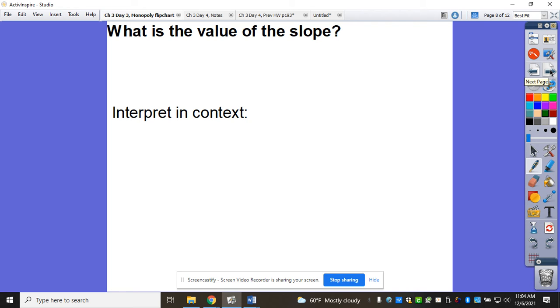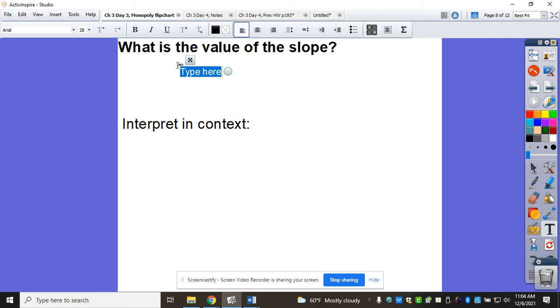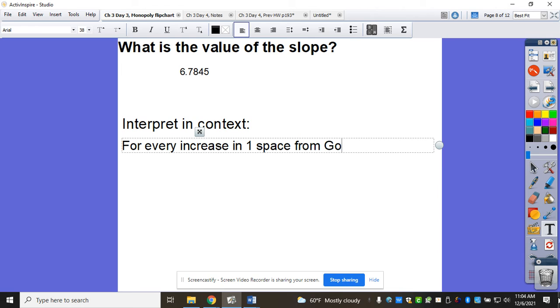What is the actual value of the slope? 6.7845. So writing this out would be what? I would imagine some people will reword that as you get one space farther from go or something like that, and that's fine. Then what?